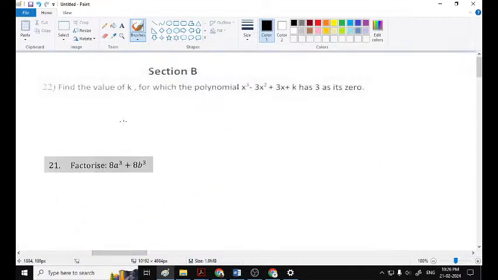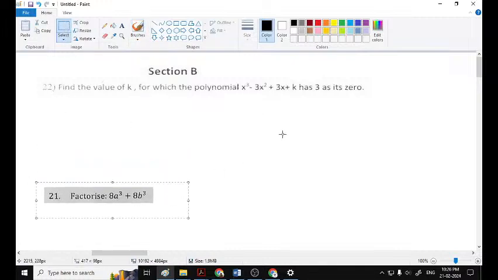Section B. Find the value of k for which this polynomial has 3 as its zero.